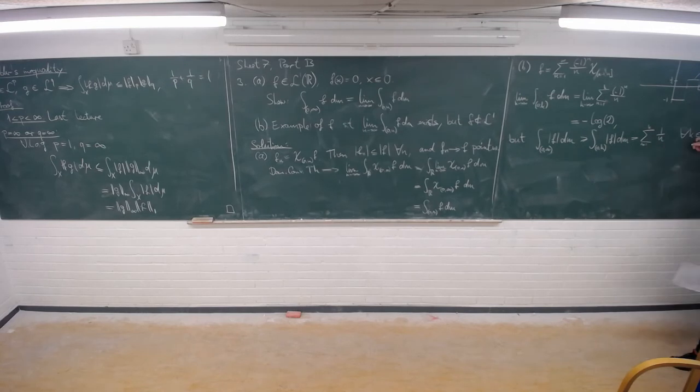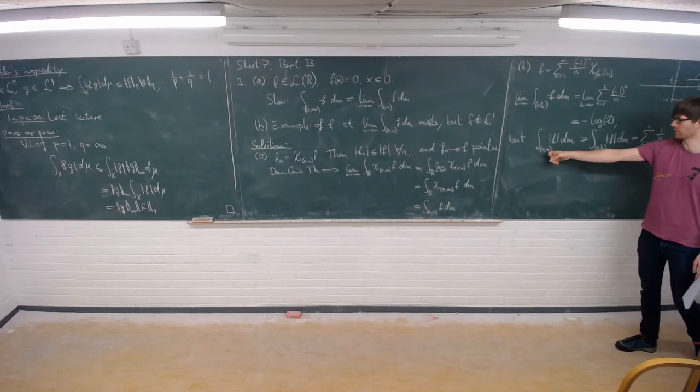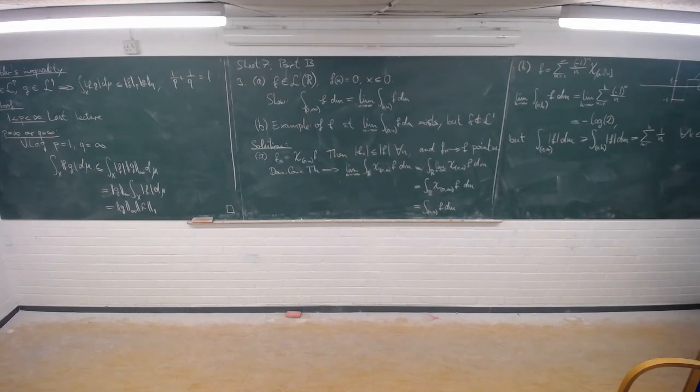But this holds for every k in N, right? Because this integral goes to infinity, and here I'm only integrating to a finite k. Well, but this is the harmonic sum, and this diverges for k to infinity.